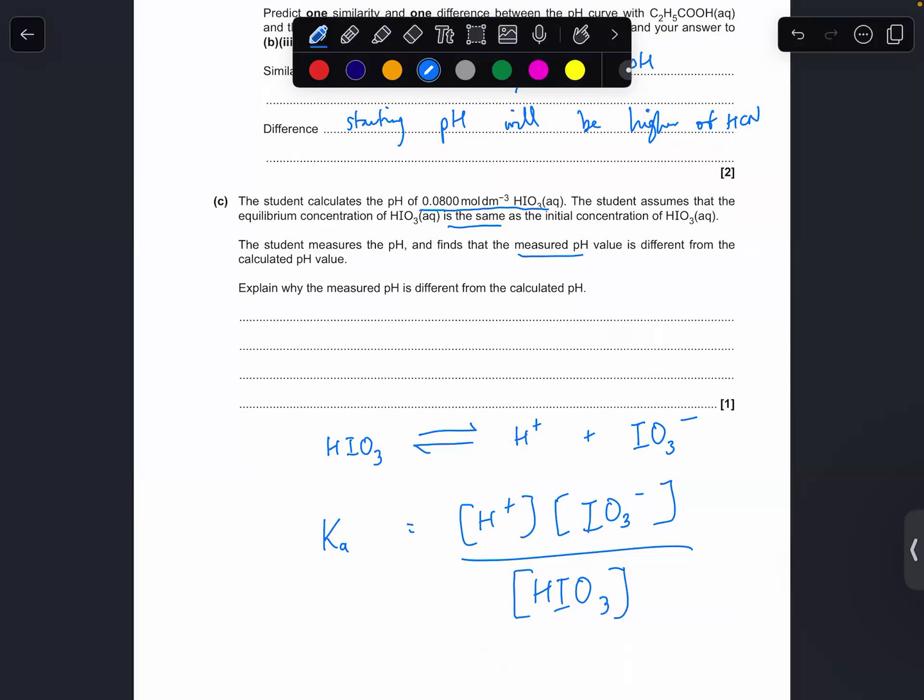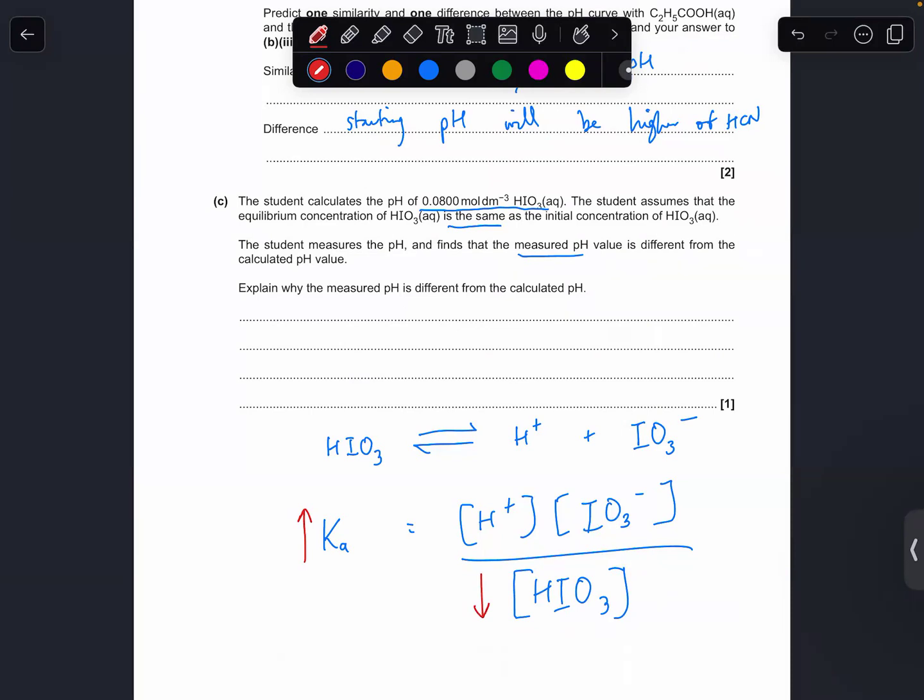Why is the measured pH different? Because the Ka value is large, the largest value of all three, that means that the HIO3 is a stronger of the weak acids. So this concentration here is actually going to be lower than the initial amount.